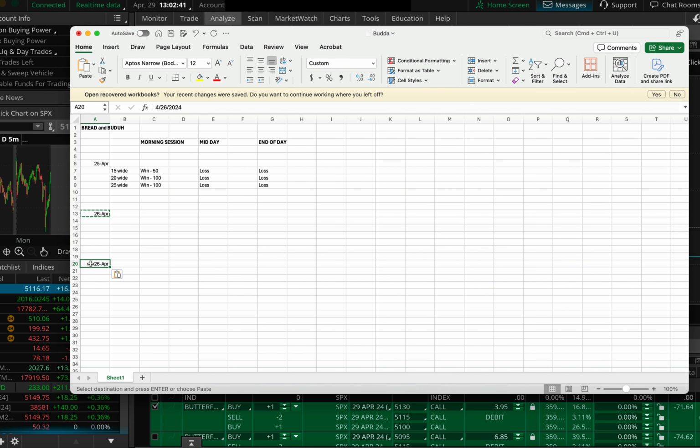So again, I'm trying to figure out exactly how I'm going to lay these out on this Excel sheet. Okay, so what I'm going to do is marinate on this for the rest of the day and try to figure out how to lay this out, because I want to include all the data, like the total at risk for each one, the total profit at the end of each session, and be sure to mark these pins. That's ridiculous.